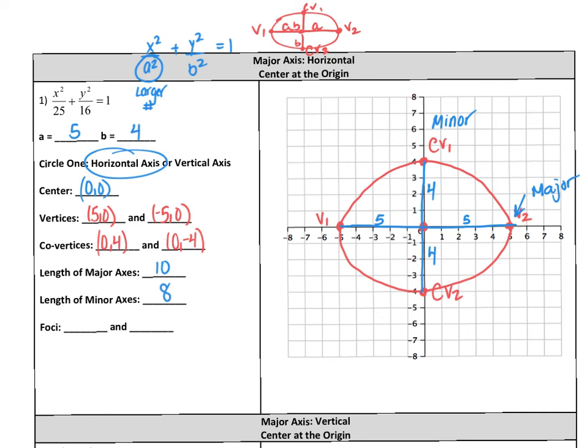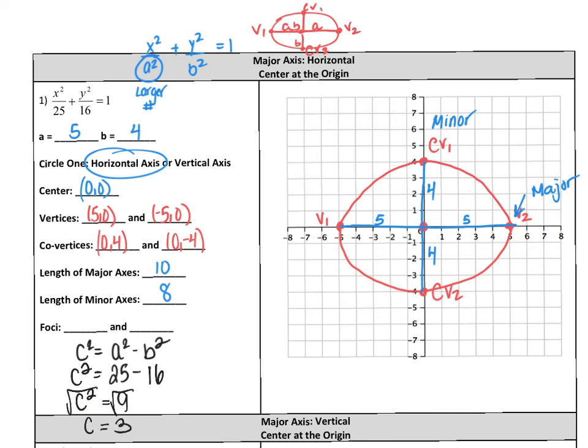And then last but not least, if I ask you to find the coordinates of c, the foci are c's, we're going to use the formula c squared equals a squared minus b squared. The a squared is the first number, so that's 25. The b squared is the second number, that's 16. When we subtract them, we get 9. And if we take the square root, we get that c is equal to 3.